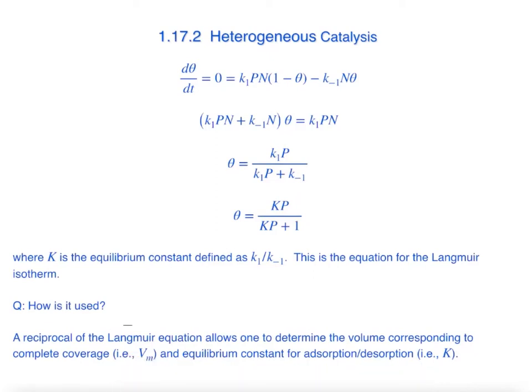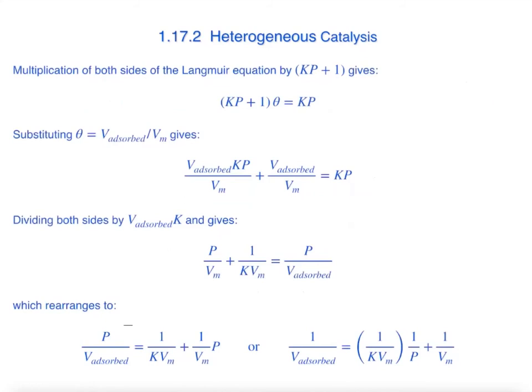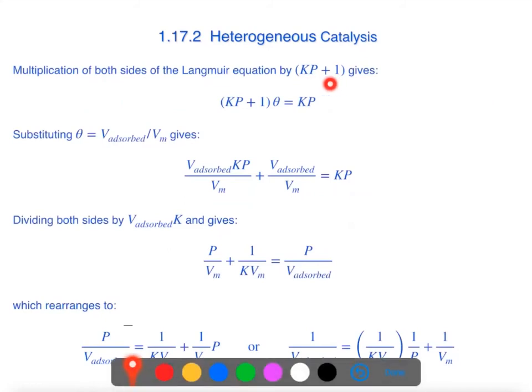As we'll see in one moment, the reciprocal of the Langmuir equation allows one to determine the volume corresponding to complete coverage, and the equilibrium constant for adsorption desorption, which you can see now. Now we can multiply both sides of the Langmuir equation by Kp plus 1. That gives us this expression.